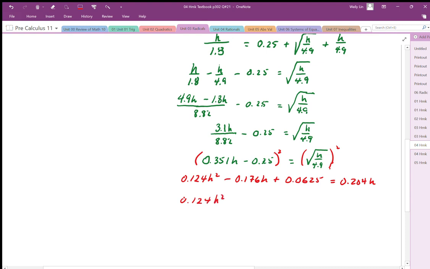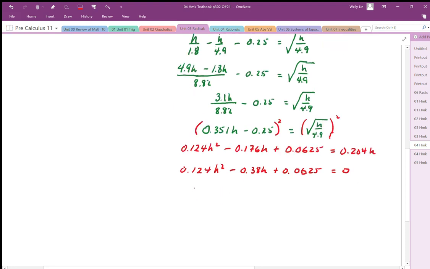I'm going to subtract: negative 0.176 minus 0.204 h's, and that's going to give me negative 0.38h plus 0.0625 equals 0. There's my quadratic equation.